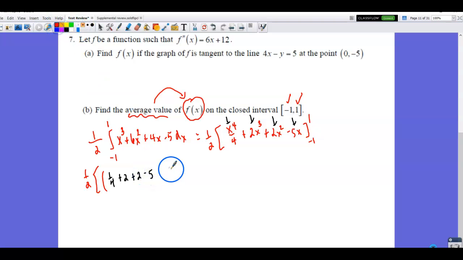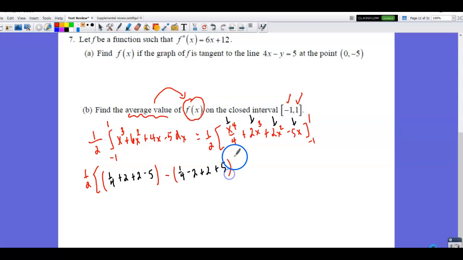So that is the substitution of the upper bound minus the substitution of the lower bound. So I'm going to substitute -1 into the same places. -1 raised to the 4th power is +1, so 1/4. -1 to the 3rd power is -1, that's -2. -1 squared will be +1, so that's 2 plus 5.